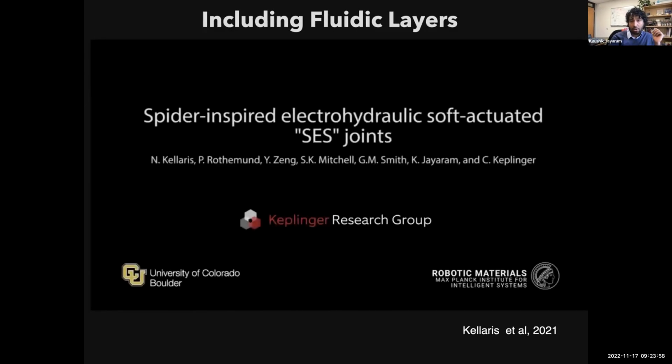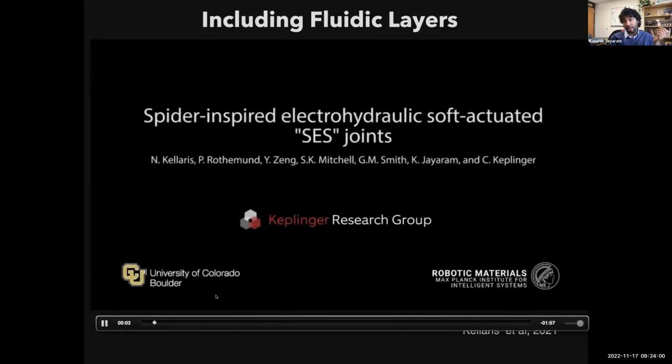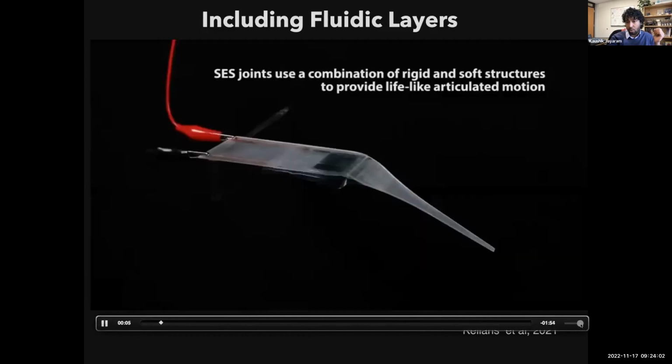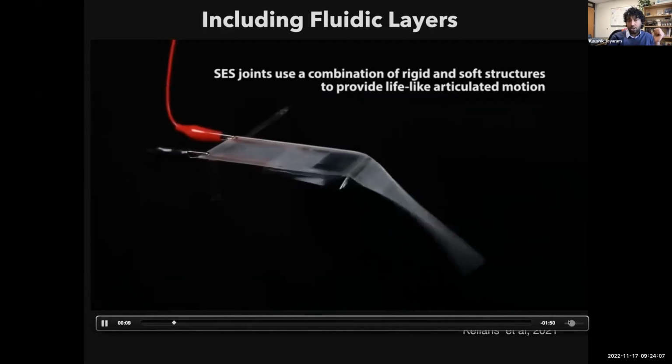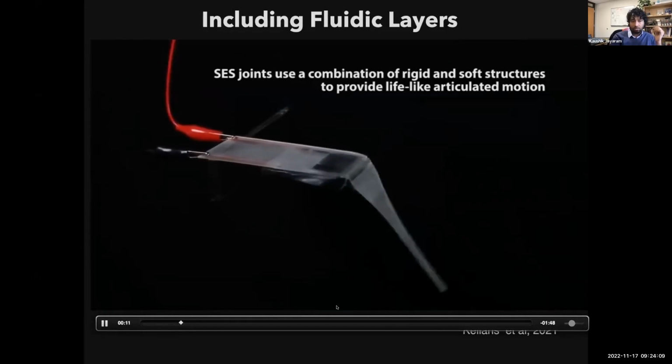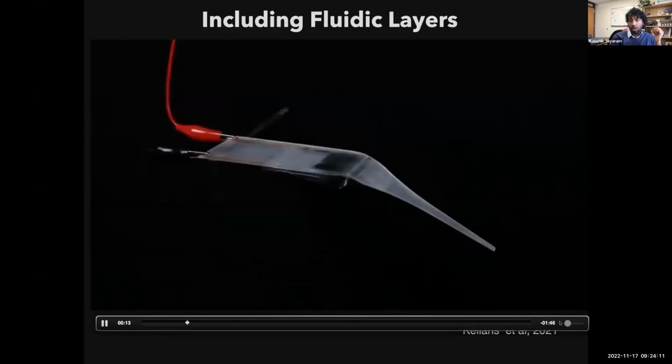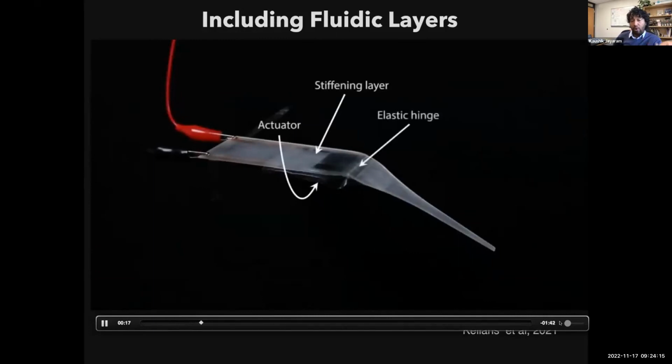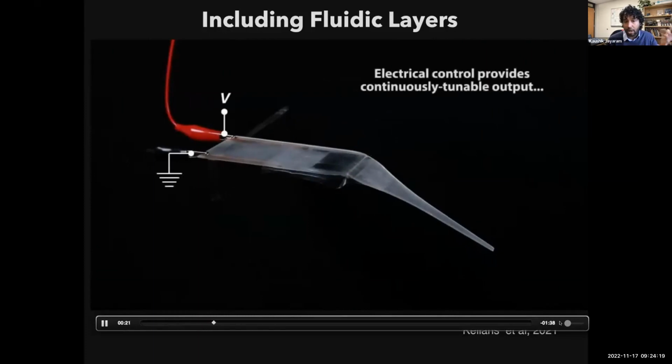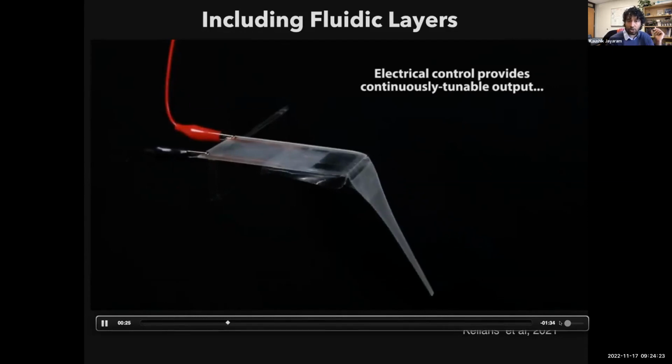Here's another example of trying to include fluidic layers from some of the recent work. What you can see is a fluidic actuator developed by Gustav Kofod's lab based on electrohydraulic actuation technology.